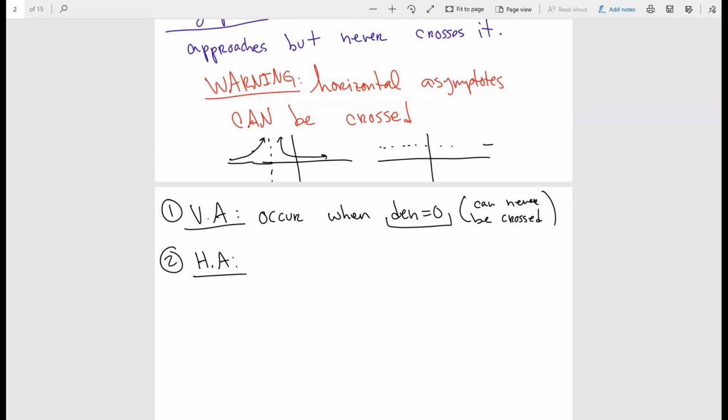It's a horizontal line, and then maybe you might have a vertical line here too. The graph is getting close to these lines, but it's not touching them. So that's an example of a vertical and a horizontal.